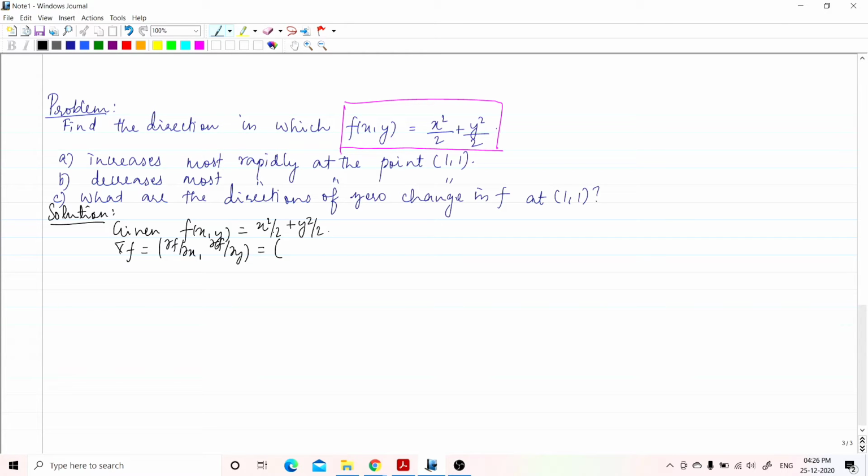Am I right? Yes, sir. So it is x, and this is your partial derivative of f with respect to y. What is that? 2y upon 2.